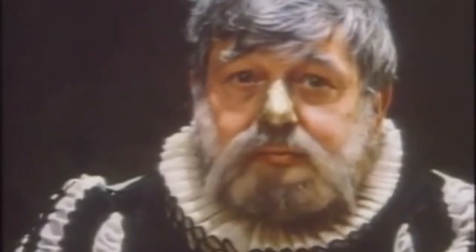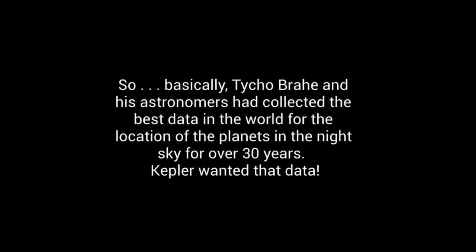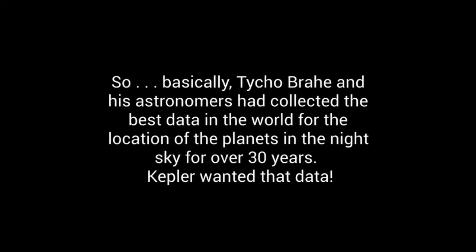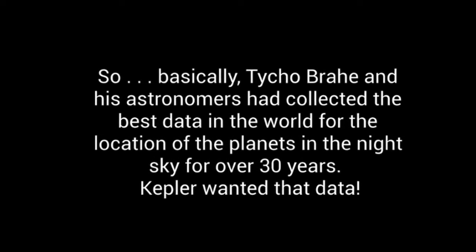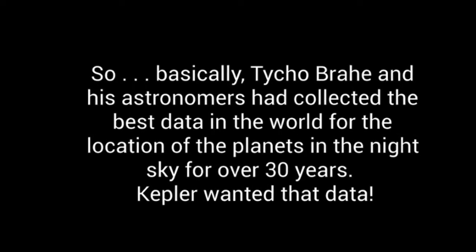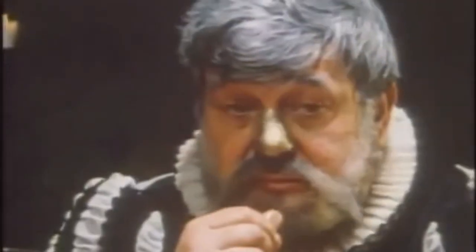But much to Kepler's dismay, Tycho knew how to keep a secret. So Kepler struggled without Tycho's precious data for almost 2 years. Then, on October 24th, 1601, fate stepped in.